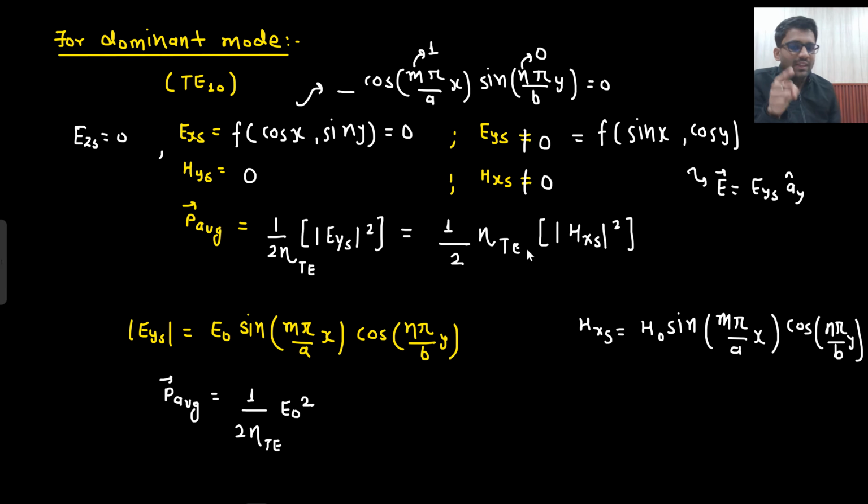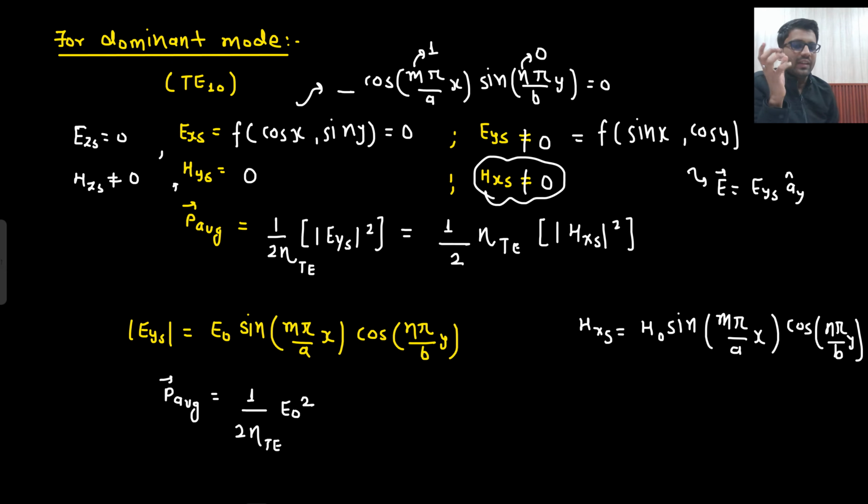But in case of the magnetic field in TE10 mode, HZS will be non-zero, no? So in the question, they will never say the maximum amplitude of magnetic field, because they know that HZS is also existing and HXS is also existing.